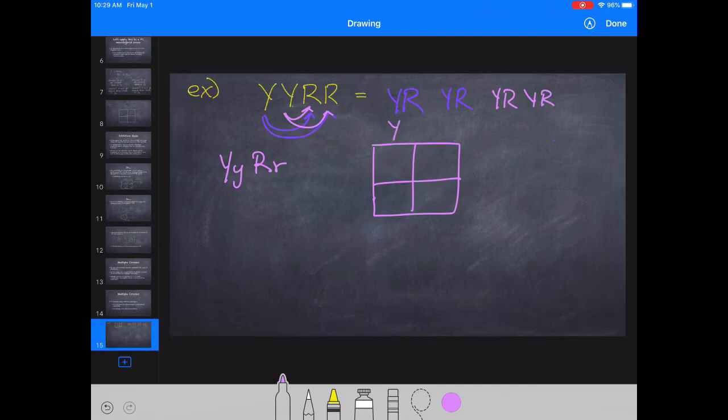I'm going to say big Y, little y on the top, and each one of those y's has a 50% chance of coming from either gamete, and same thing on the side. And now I'm going to cross them, and we're going to see what their probabilities are going to be for each type.